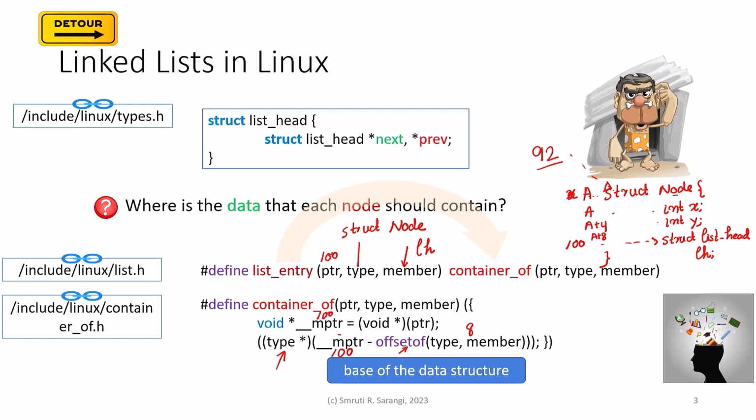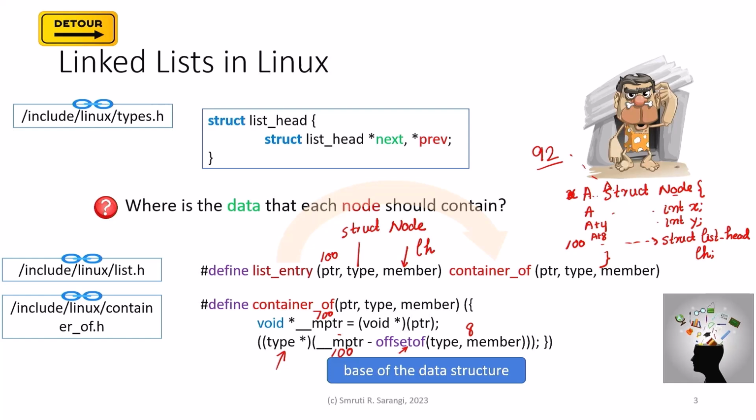So now if I were to summarize, what does list entry do? What list entry actually does is that given a pointer to a struct list head, it finds the address of its encapsulating structure using a macro which works in the manner that was described.